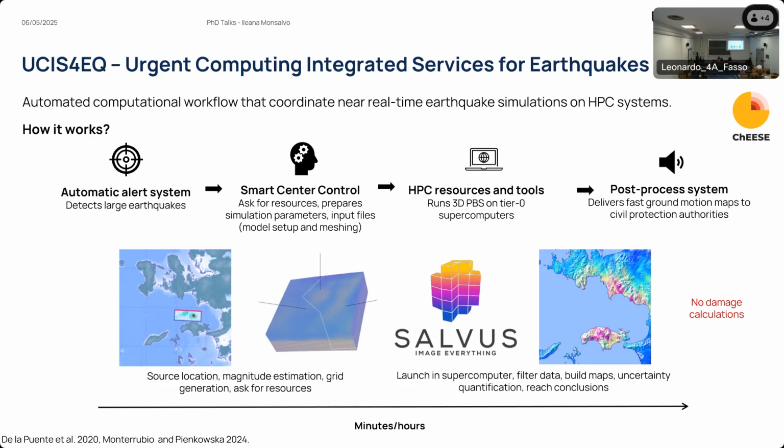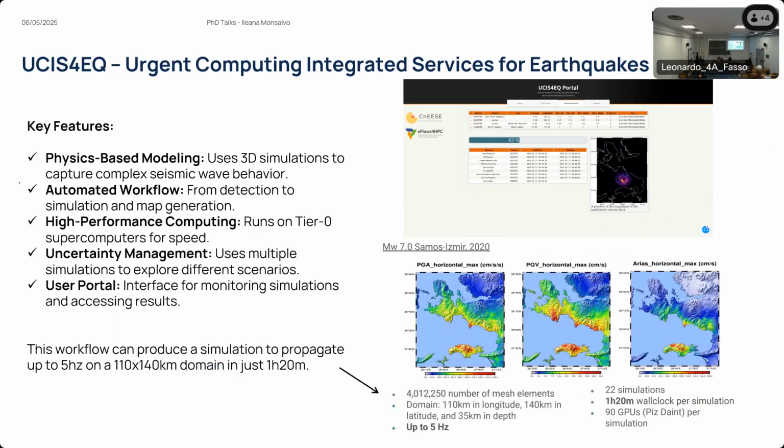And the software that is used by this particular workflow is Salvus, a spectral element code. And just to highlight that this system can produce a simulation to propagate up to 5 Hz, which is, let's say, a nice number, because usually these type of simulations can accurately propagate from 1 to 8 Hz.